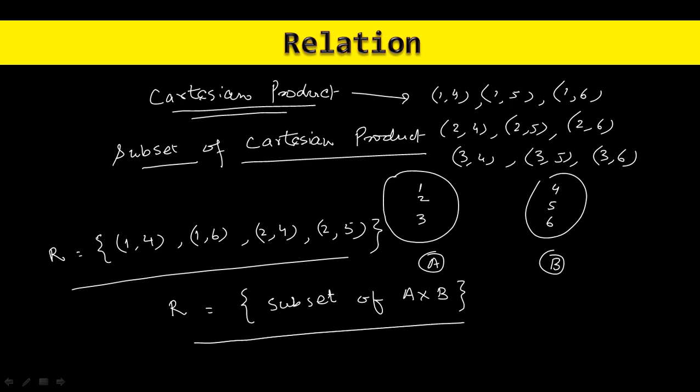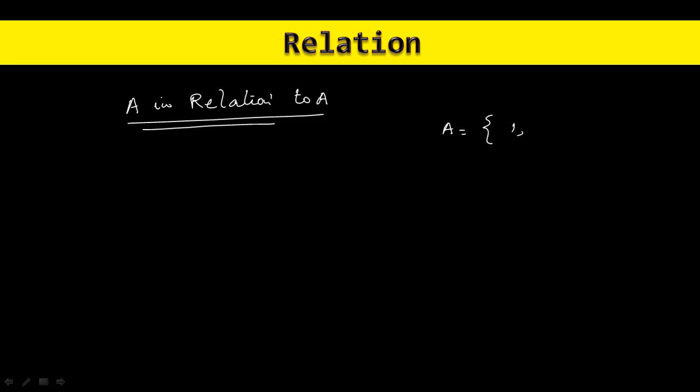Now, you can take some more examples related to relation. Suppose I am writing A in a relation with A only, similar to A cross A. A is a set 1, 2, 3, 4.